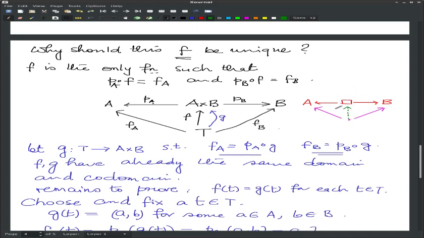So your end point is this, right? That is the meaning of this diagram. Let's try to look at it in this way.